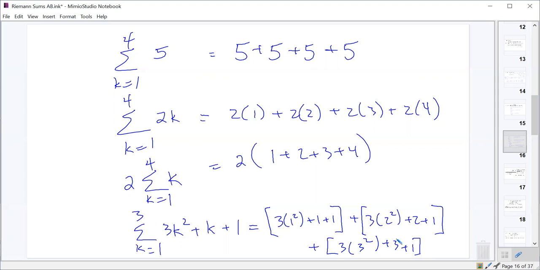Would that be the same as doing these separately, summing 3k squareds from 1 to 3, and then summing k's from 1 to 3, and then summing 1s from 1 to 3? Yes, it should be the same, right? I have the 3k squared part from 1 to 2 to 3. And then I've got the k part from 1 to 2 to 3.